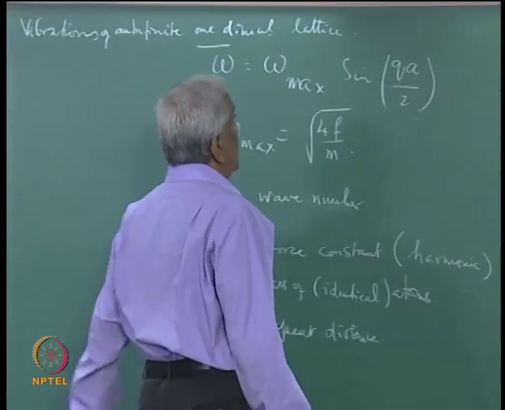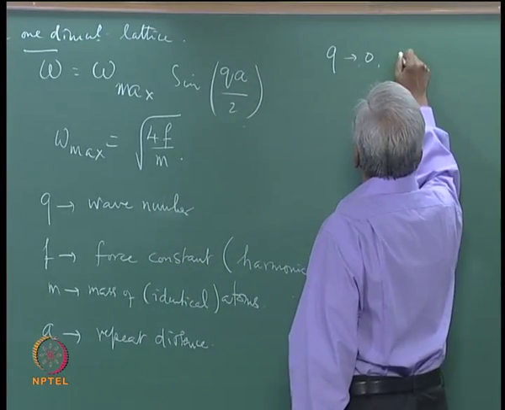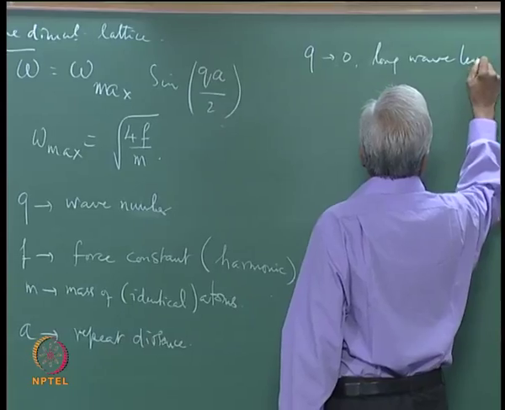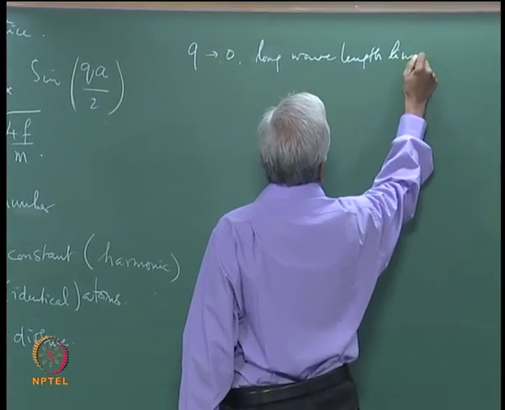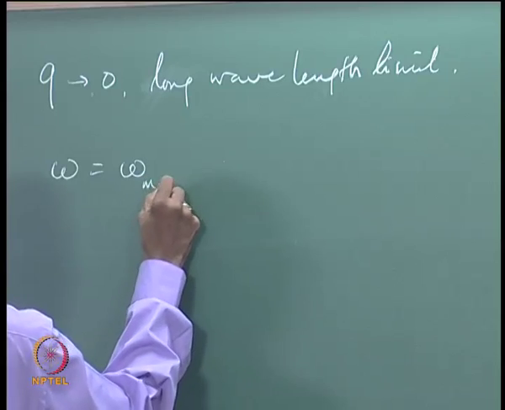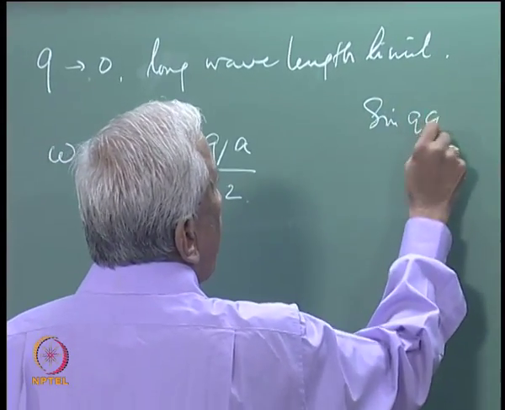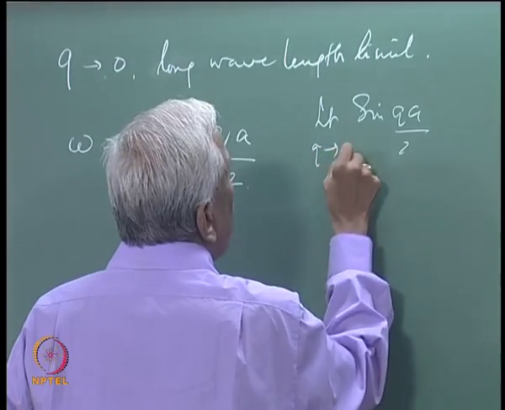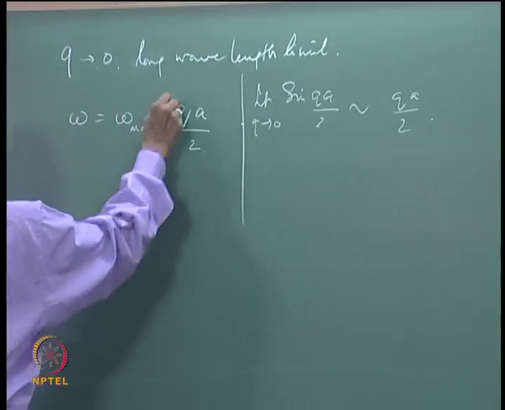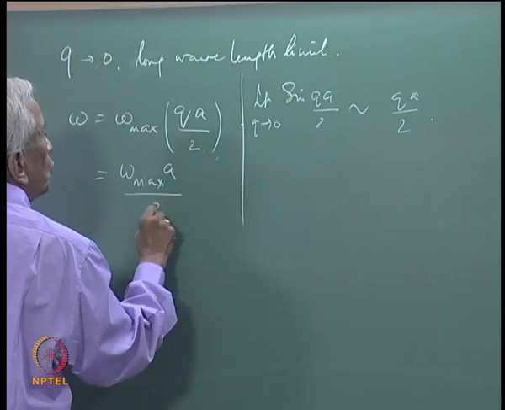So, for q tending to 0, which means long wavelength, we know that this dispersion relation becomes, because sin(qa/2) in the limit q tending to 0 is qa/2, omega max into a by 2 times q.